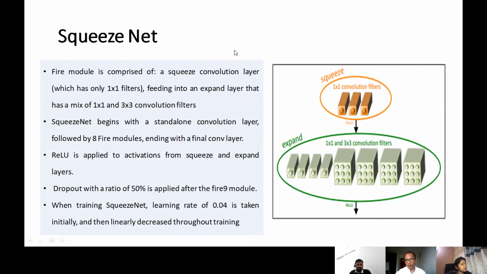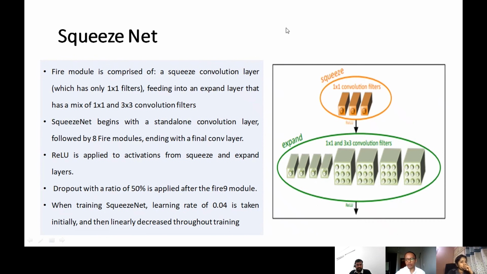SqueezeNet is another parameter reduction technique where it uses the concept of squeeze and expand. So this squeeze and expand, or this entire setup together, is called a fire module. So what happens is, in the input layer, it takes as input the image, whatever the image size is.